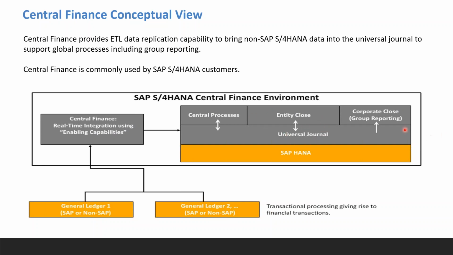Then we release the data to group reporting for the corporate close. So central processes you can perform, as well as entity close through the Universal Journal. That is also possible. You can see we are getting the data from SAP or non-SAP, and everything comes to central finance. From central finance you can perform that, and corporate close also you can do. That is also feasible.